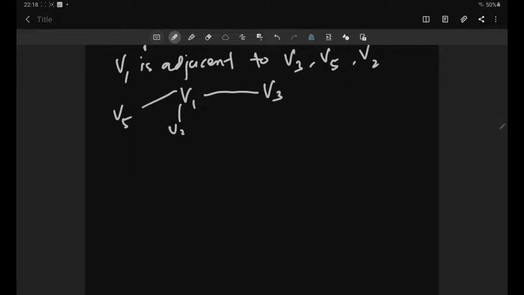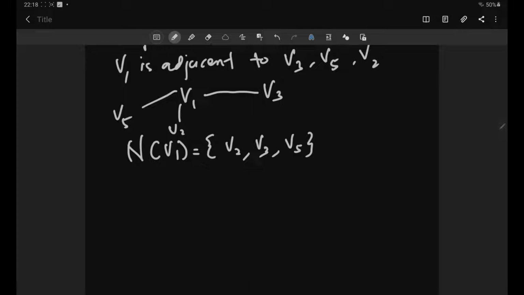By using the notation N, the neighborhood of the vertex V1 is a set that contains V2, V3, and V5. So we are finished with the vertex V1.